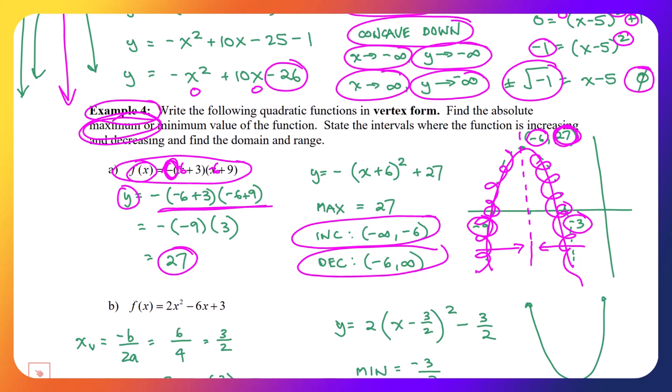The domain, from left to right, all real numbers, and the range from the bottom to the top is from negative infinity up to 27. The y value gives us the top of the parabola, and it does get there, that's why I include it with a bracket.